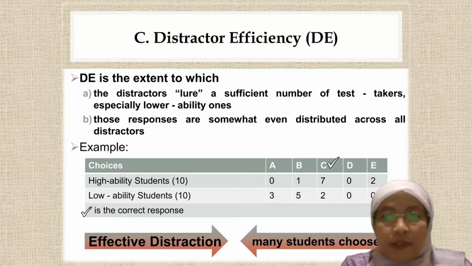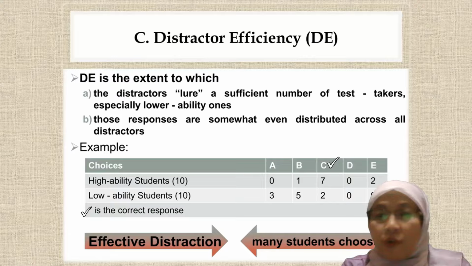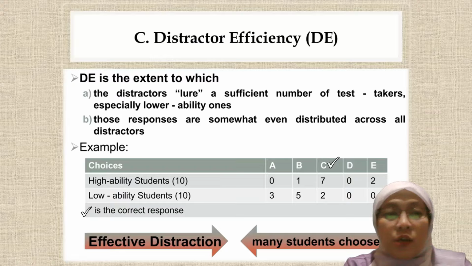So, for example, there is an item, ada soal. The high ability students, 10 of them, ya, yang pintar itu ada 10. And then 7 of them, 7 dari 10 anak pintar ini, they choose the correct answer, C. Nah, kemudian yang low ability, dari 10, only 2 choose the correct answer.